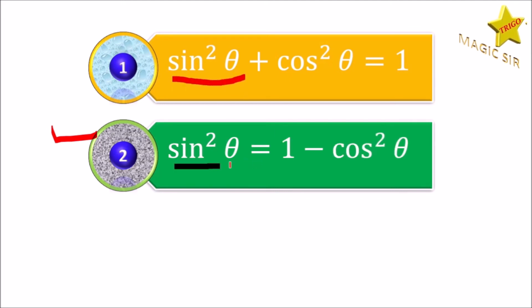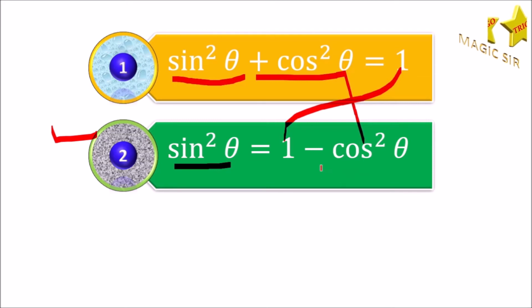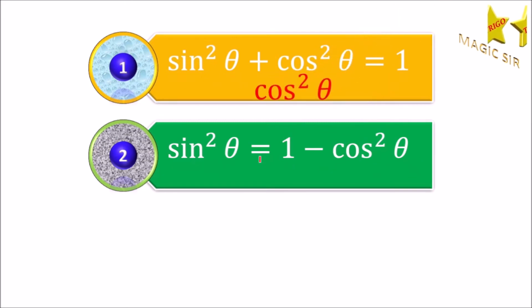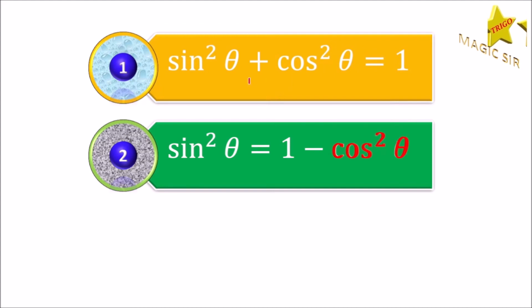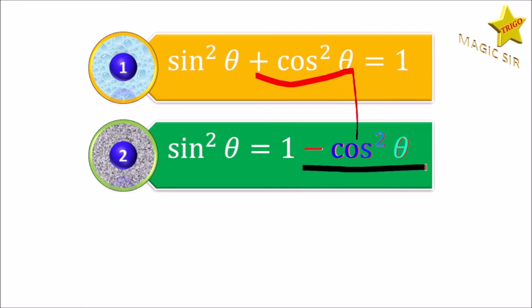Sin square theta equal to 1 minus cos square theta, where sin square theta remains as it is, 1 remains as it is. Let us change the side of the cos square theta from left to right. So plus cos square theta changes to negative cos square theta. Therefore, sin square theta is equal to 1 minus cos square theta.